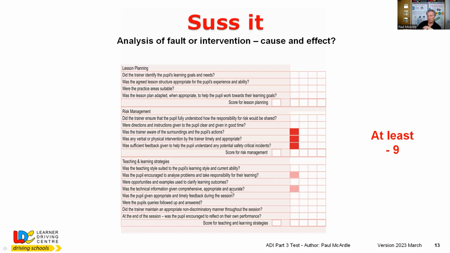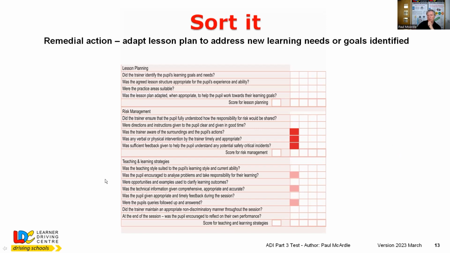Technical information, comprehensive? Well, it wasn't comprehensive because you didn't say anything about it. So all of a sudden you're now starting to affect this aspect of teaching and learning strategies. Were the queries followed up and answered? Well, no, because you never made the student aware of the problem in the first place, so there weren't any queries to answer. So you start saying, oh, well, it might impact on that.